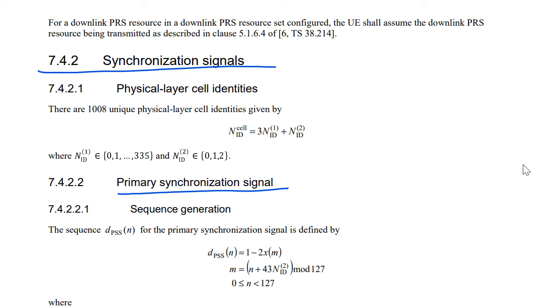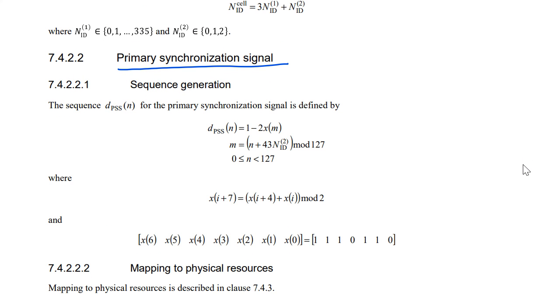Here, if you clearly see, there is a sequence generation equation, given by this formula x of m. The m value will not exceed 127, it will be 0 to 126, and the n value is also given here.